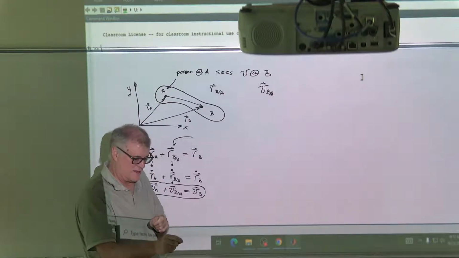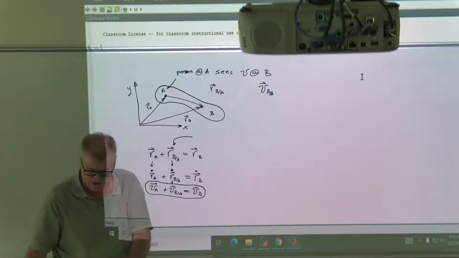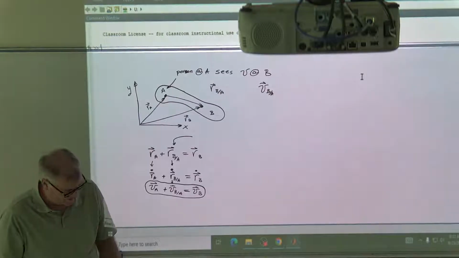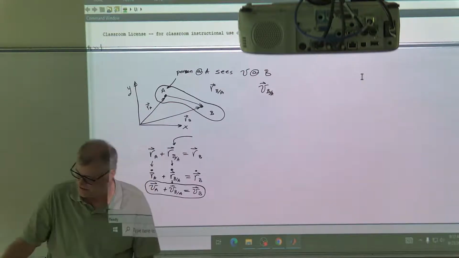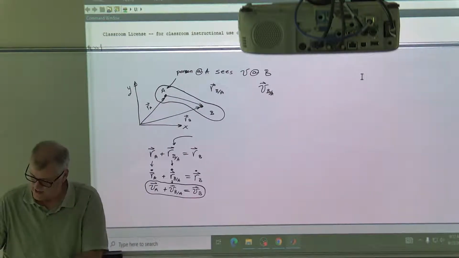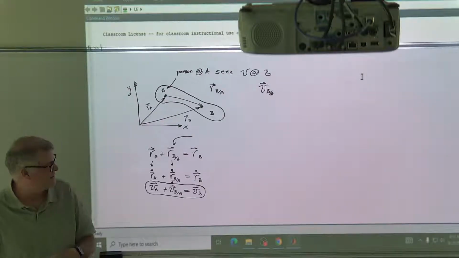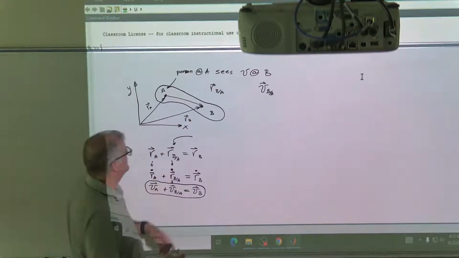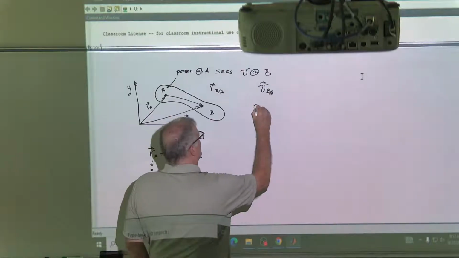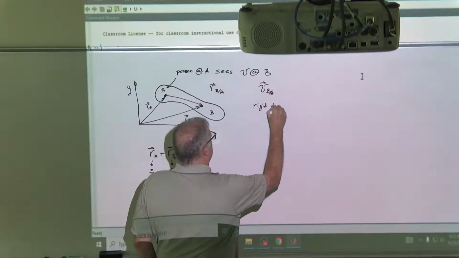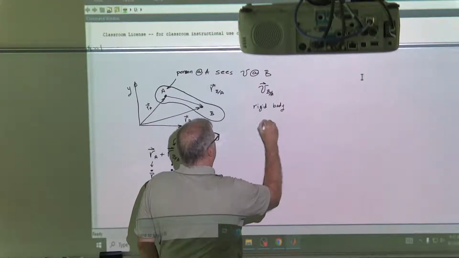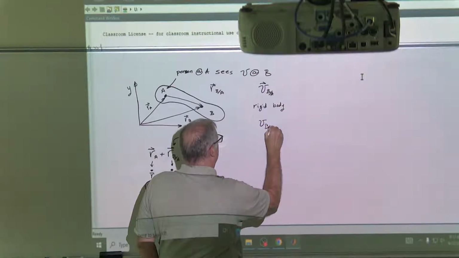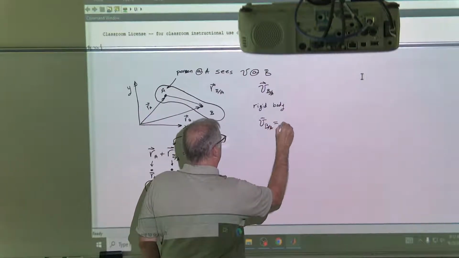If you're sitting on an object, like this table floating through space, person sits here, person sits there, all they see is each other rotating around each other. So all they see, if it's a rigid body, is that velocity of B is only rotation.